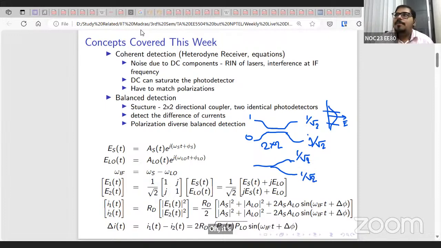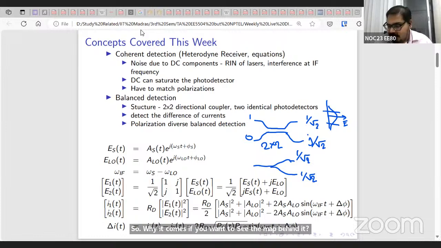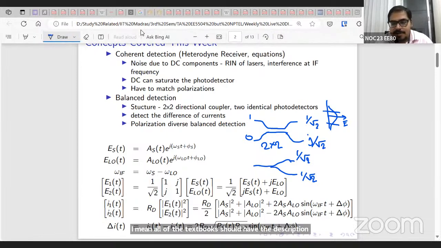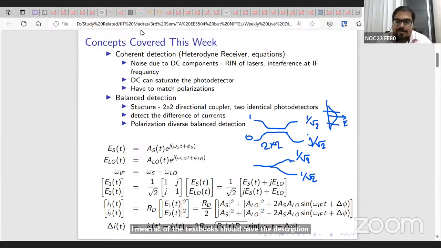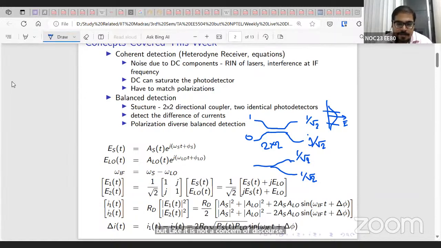If you want to see the math behind why it comes, all of the textbooks should have the description, but it is not a concern of this course. So that is the origin of this J that we're not discussing.